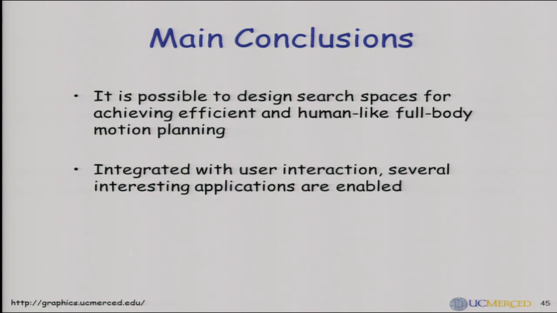Okay, so finally, as main conclusions, I hope I could show you that it is possible to design efficient search spaces that would allow some of these motion planning algorithms to run more efficiently and more realistically, in order to have virtual characters, close to real time, at least at interactive rates, able to address a variety of demonstration tasks in different environments and generic targets.